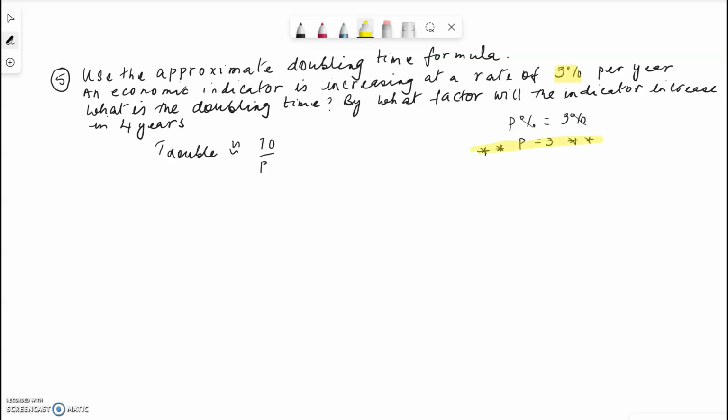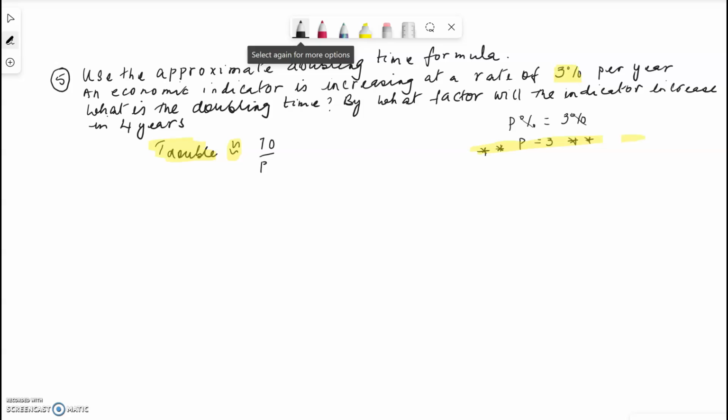If you're going to use the approximate T double formula, the doubling time formula, this is only an approximation. Notice this doesn't say equal to. This means approximately equal to 70 over P, the percentage at which the indicator is increasing. Okay, so just remember this.